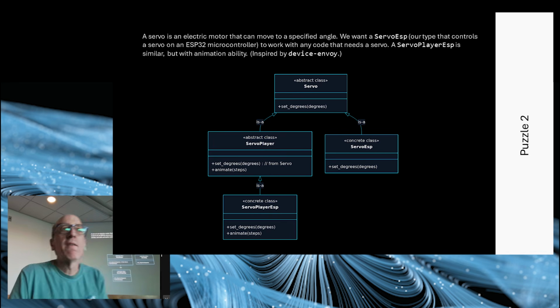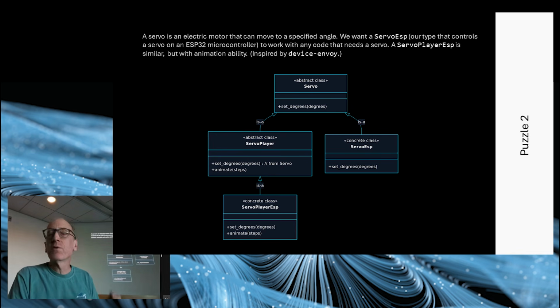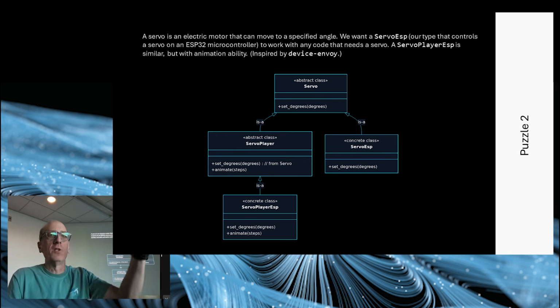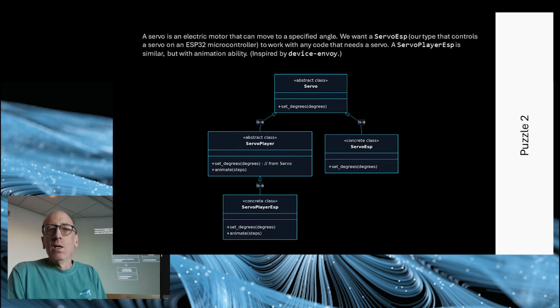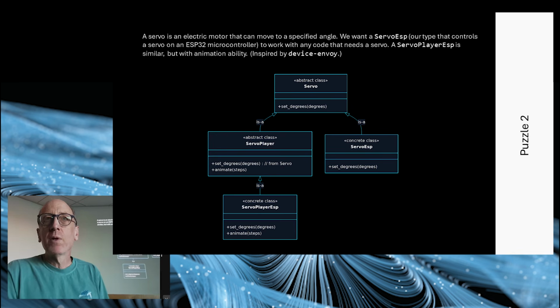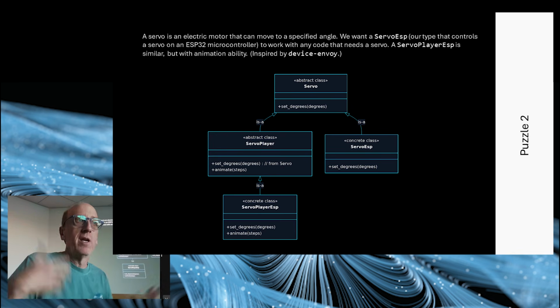Okay, I've got another crate called Device Envoy that helps simplify working with microcontrollers. One thing it wants to manipulate are servos. Servos are electric motors that you can say what angle you want the motor to turn to. So we want to be able to write programs that just use generic servos.